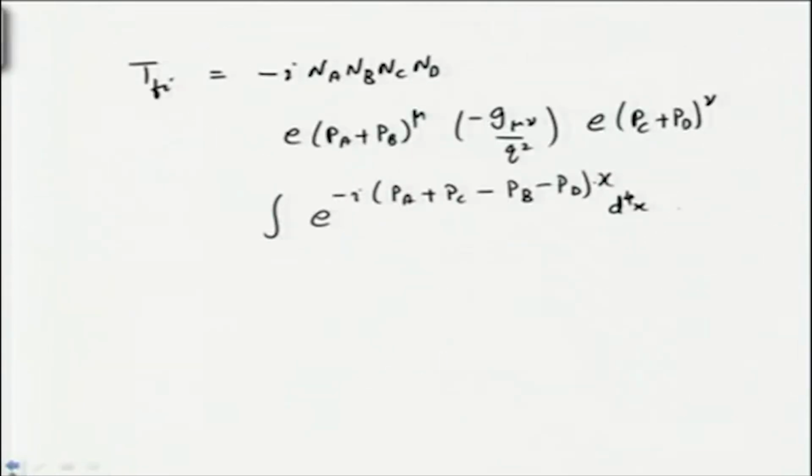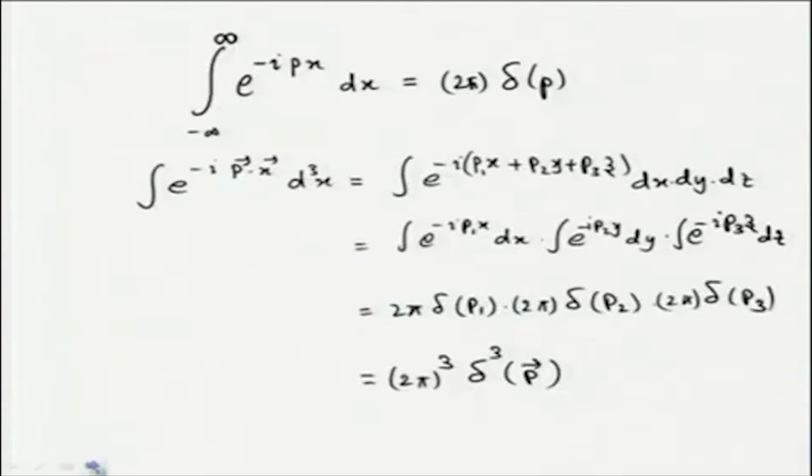In a similar fashion, look at what we have in T_fi. The last line, the integral of e to the power minus i (p_A + p_C - p_B - p_D) x, can be taken as some single entity q, or some capital Q, a combination of momenta, and then together it is a 4 momentum, dotted with x, d^4x.